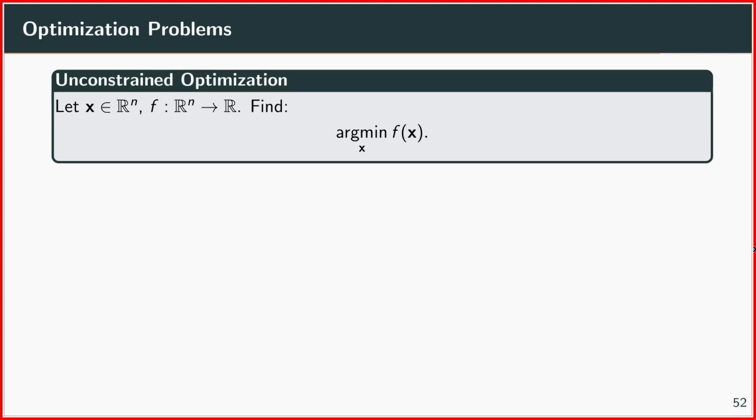Usually we write this as finding x such that you minimize this expression, so that you find the argmin of f of x. This basically means you have a function on your Euclidean configuration space, for example, and this could be a cost, and you want to find out which configuration actually minimizes this expression.